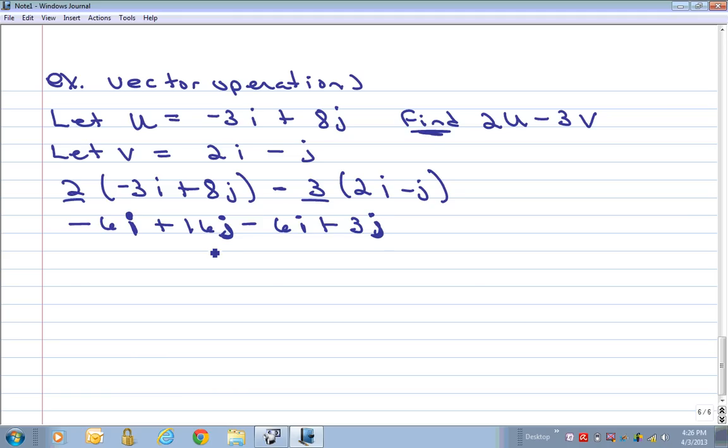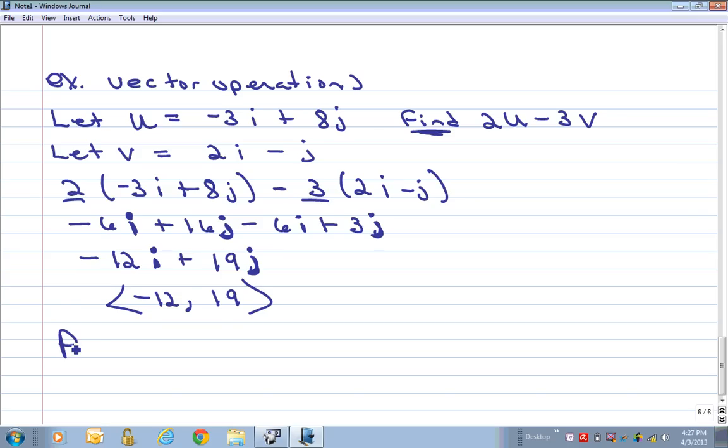And then we're going to combine everything, and we're going to get negative 12i plus 19j. Now, if we want to write that back as a vector in component form, we would write it as negative 12, comma 19. All right, that's mainly it for tonight.